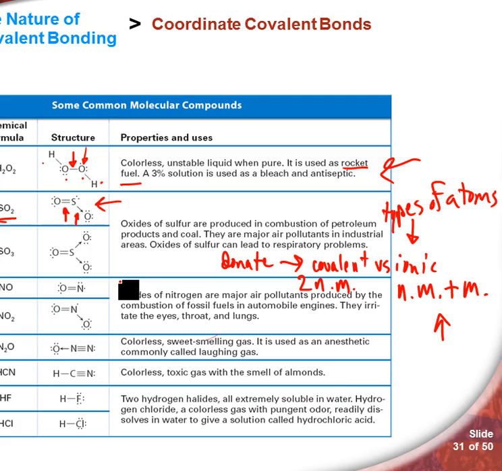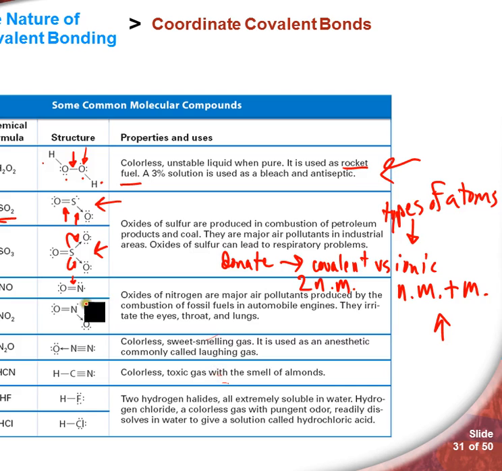All right, so here's sulfur dioxide, sulfur trioxide. It's a similar thing, but it has two coordinate covalent bonds in it. The sulfur gives its electrons to produce the covalent bond between sulfur and oxygen in both cases. Okay, nitric oxide. In this case, we have a double bond in the middle, which is not a coordinate covalent bond. The electrons are shared equally, provided by both sides.